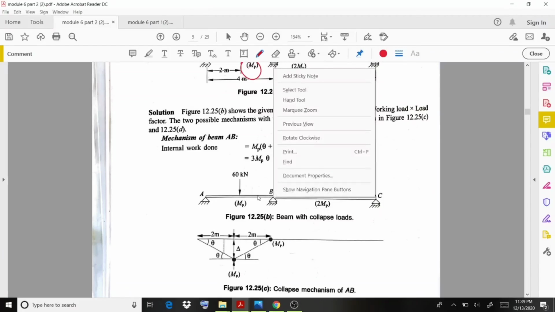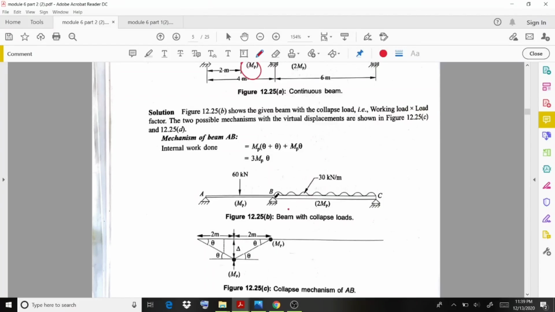This portion will act as a fixed support, so there will be a plastic hinge here, and obviously a plastic hinge in this portion also. When selecting this point, the minimum value of plastic moment is considered. If you consider MP and 2MP, the minimum value is going to be MP. So that is the condition.